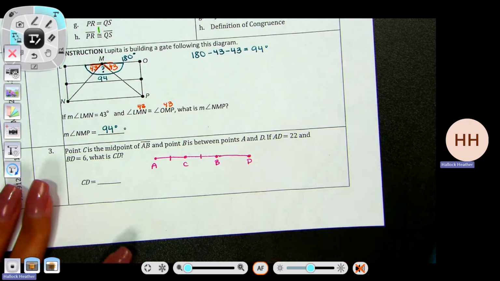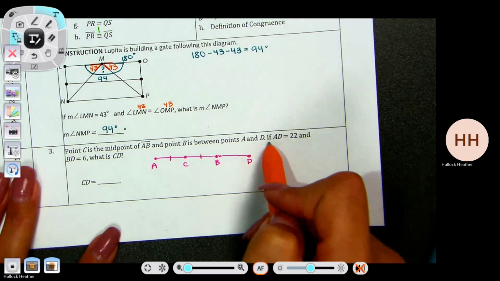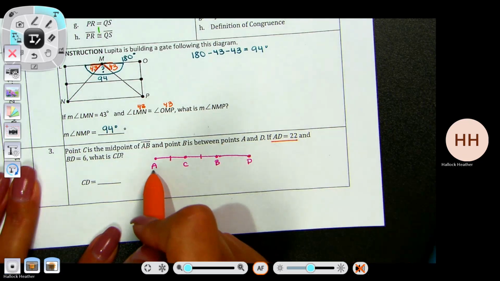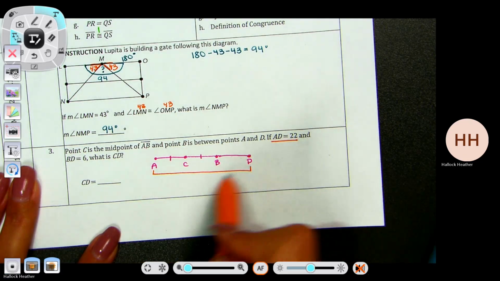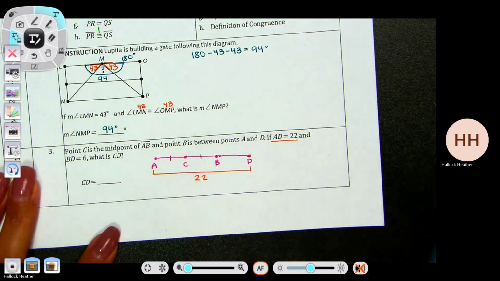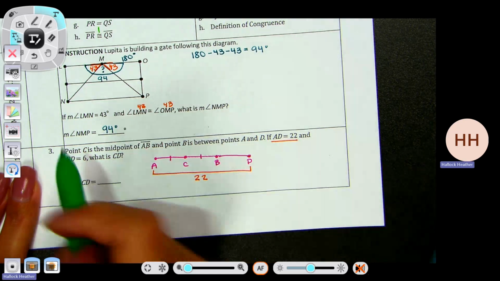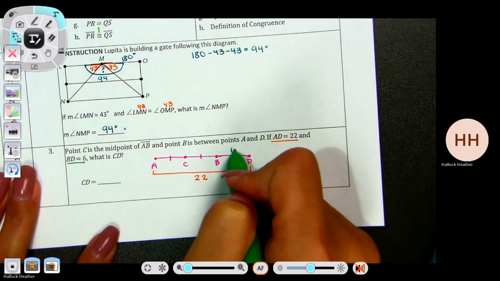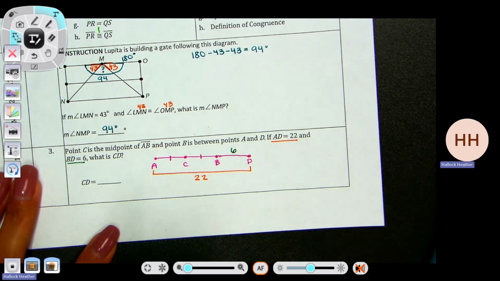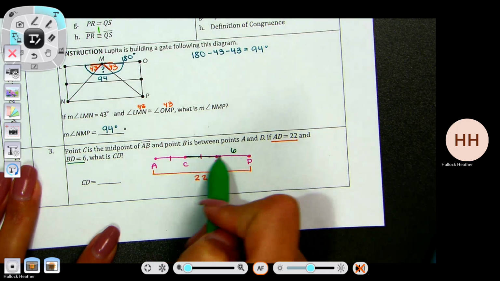If AD is 22 and BD is 6, I need to figure out what CD is. So I need to find this section here.